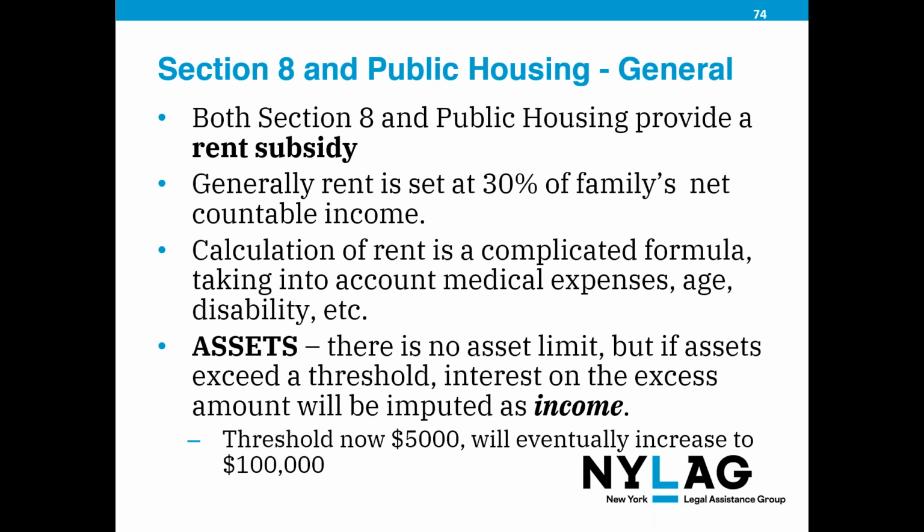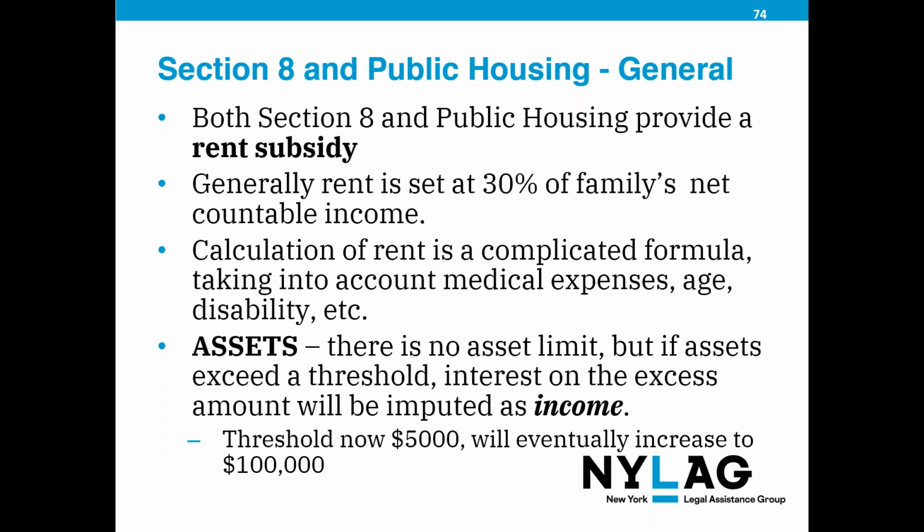Section 8. Section 8, public housing, or a federal rent subsidy. They generally limit rent to approximately 30% of net countable income, which is calculated by a very complicated formula that deducts some medical expenses and is different based on age and disability. I'm not going into the formula, but what happens if they get a lump sum?